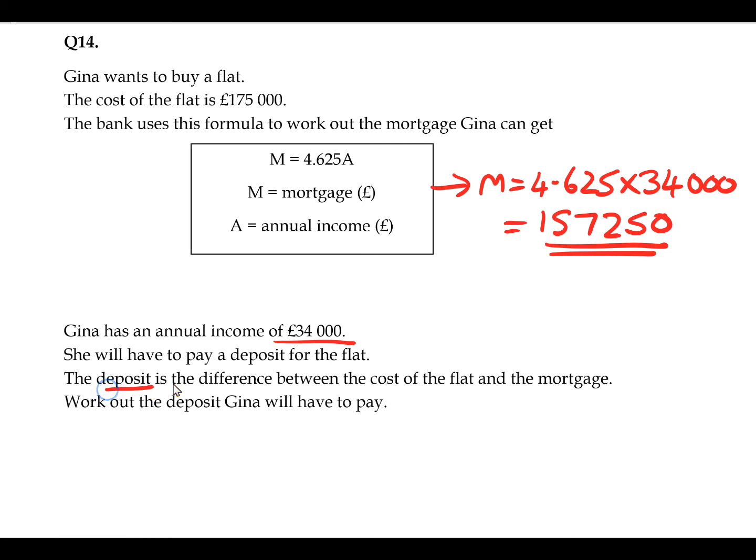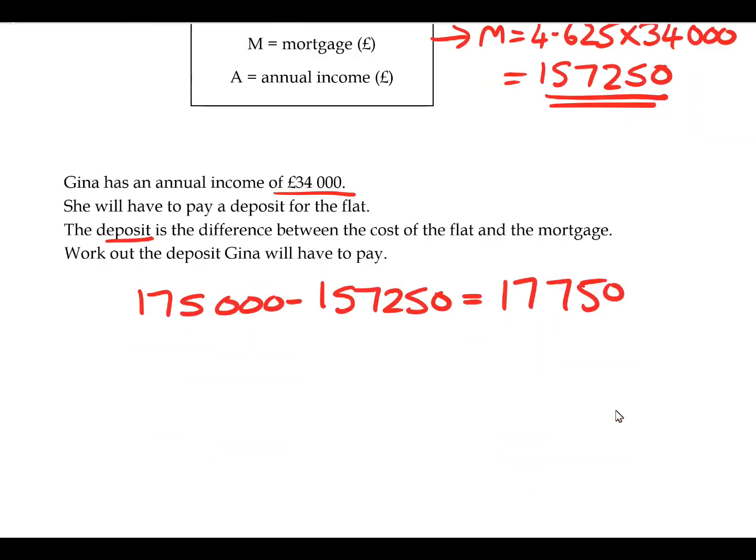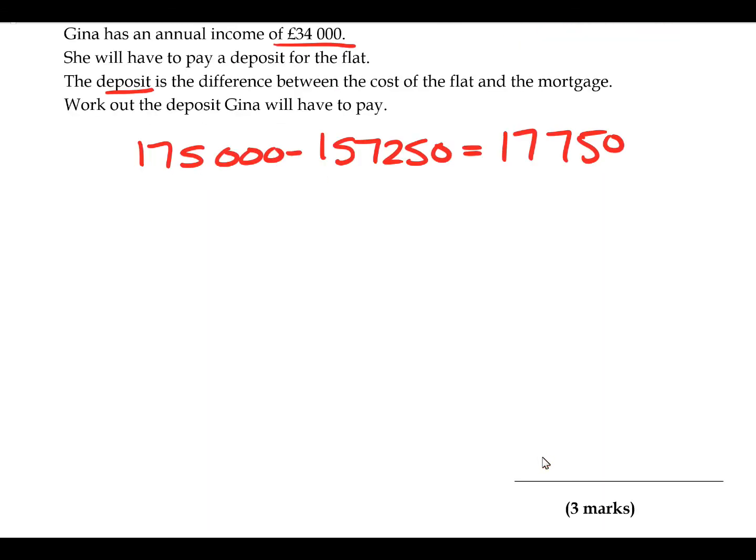So the deposit is the cost of the flat, which is £175,000. Take away her mortgage, which is £157,250, and it leaves you with her deposit, which is £17,750. So on the answer line, for 3 marks, 17,750 gets you the 3 marks.